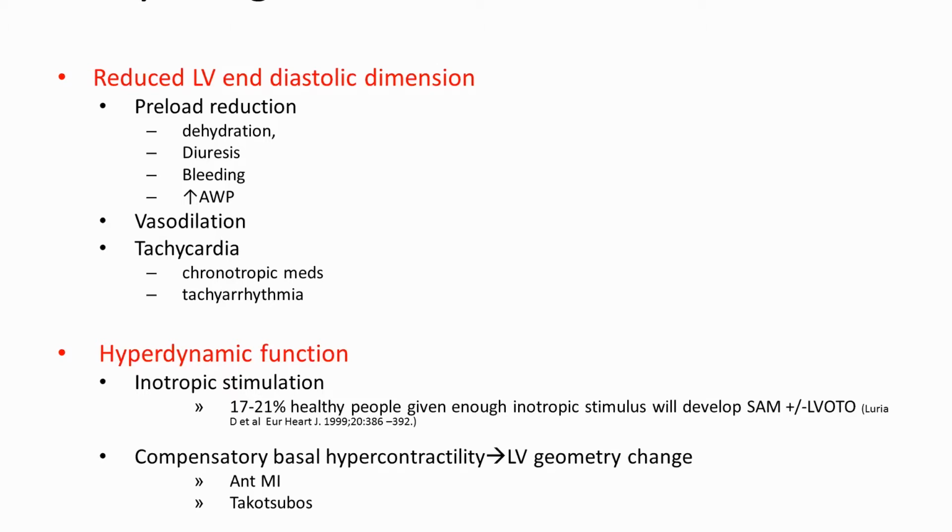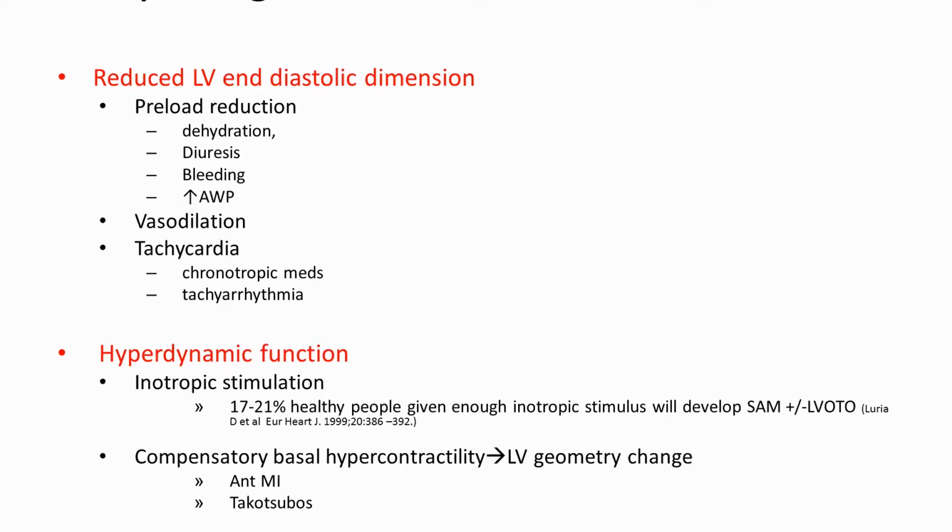The second dot point there is when you get the base of the heart becoming hypercontractile. And that can occur in large anterior myocardial infarction or with the Takotsubo ballooning syndrome. You actually get a geometric change as well.